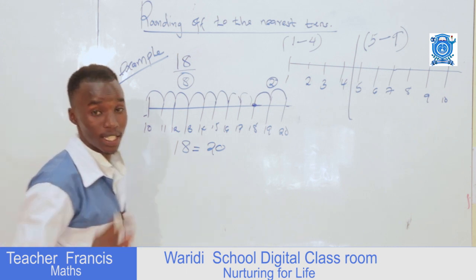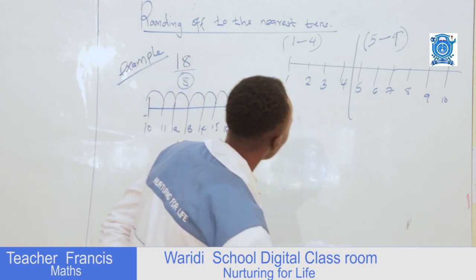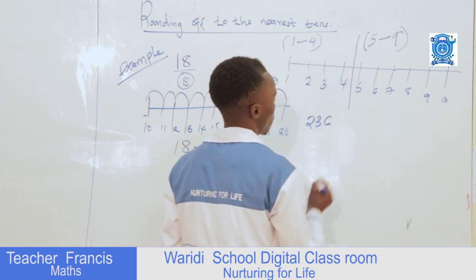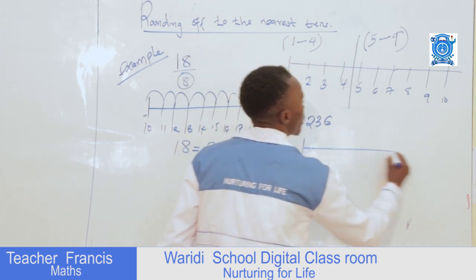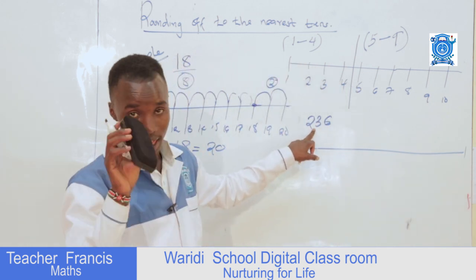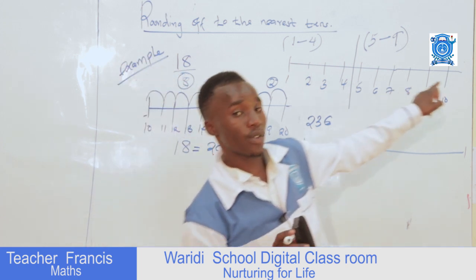Let me do another example that has a hundreds number. If I have a number like 236, what will I do? I have to count the tens here. So we have 230, and the next one is 240.